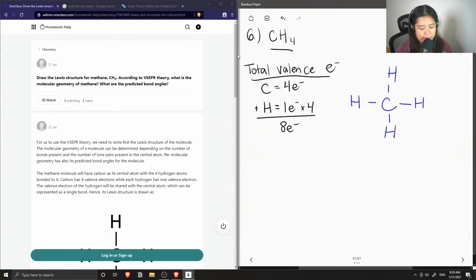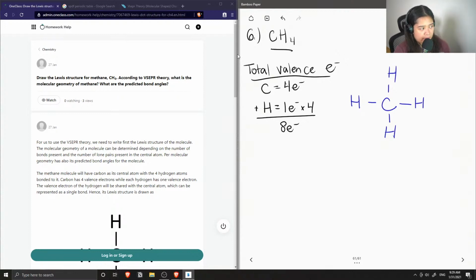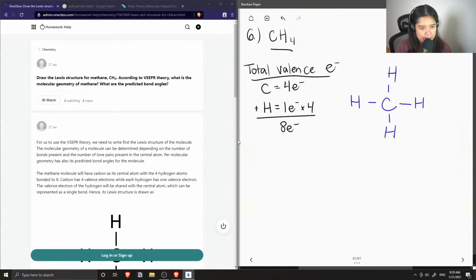So for the second part of the question, according to VSEPR theory, what is the molecular geometry of methane, and what are the predicted bond angles? So we need to analyze our central carbon for this structure, and we'll see that the carbon has 0 lone pairs, and it has 4 bonded atoms.